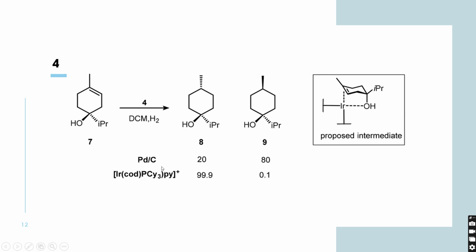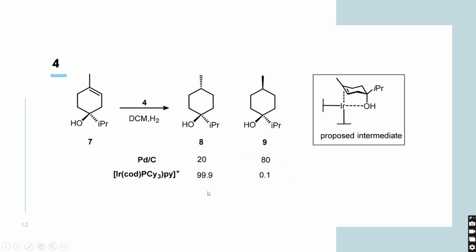But in case of the palladium supported on carbon catalyst, the selectivity will be reversed because polar groups can poison the catalyst surface. So whenever you have hydrogen on palladium carbon, you have to transfer the hydride from the face which is opposite to the polar groups, because polar groups can poison the catalyst surface.